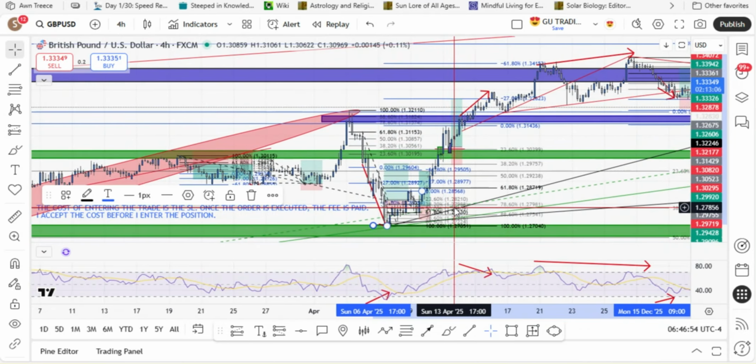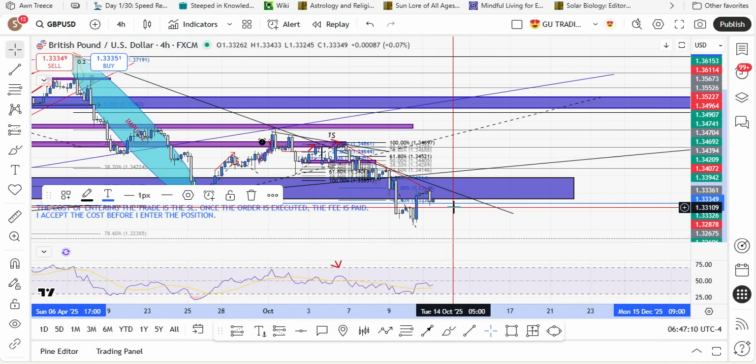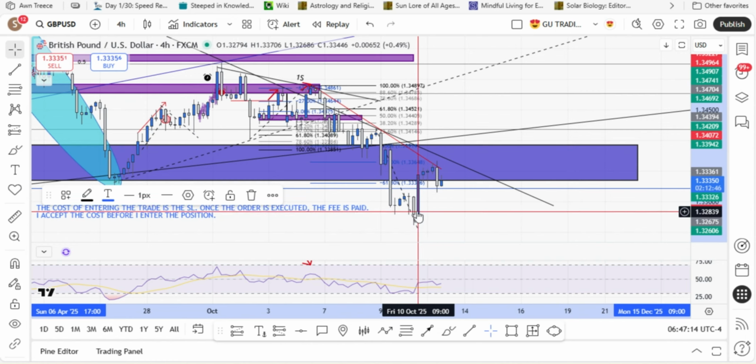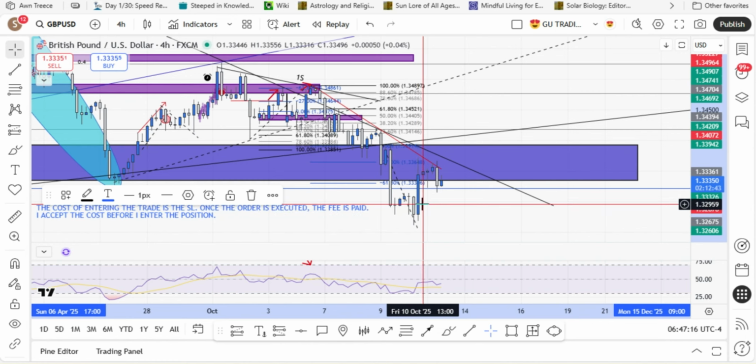Okay, so for the 4 hours, we're still within those areas. There's no sort of break of structure or anything. So candlesticks are looking like, all right, there is this bullish candle here, but it does have a pretty nice size wick.